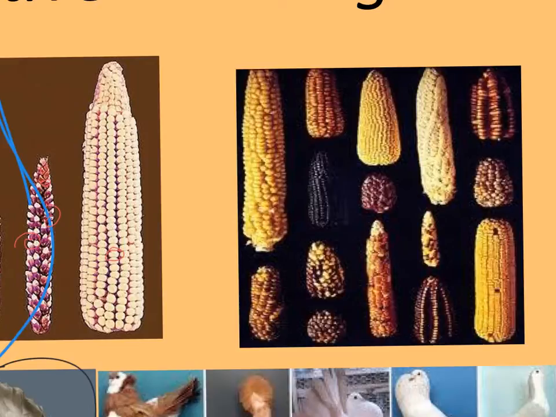Okay? So one of the things about wheat that makes it so good is that the wild plant, when the seeds are ripe, they blow away. They're released very easily. Well, the early farmers of wheat kept, by accident, using the seeds from plants that didn't release their seeds so easily.